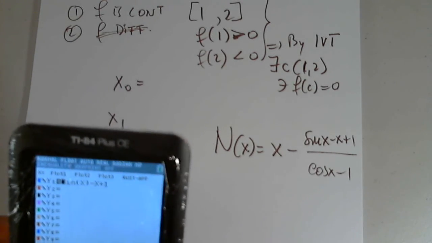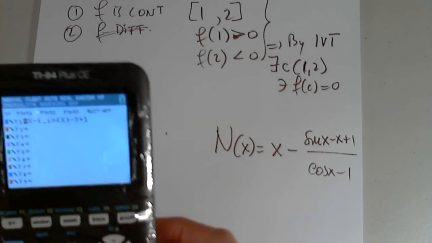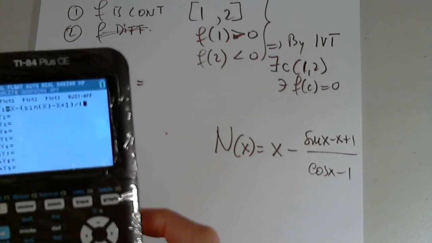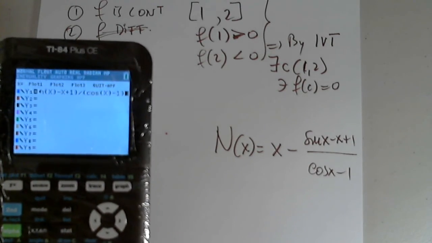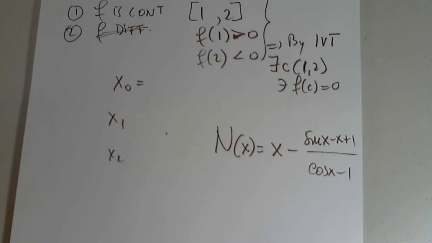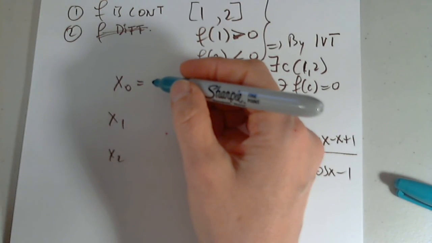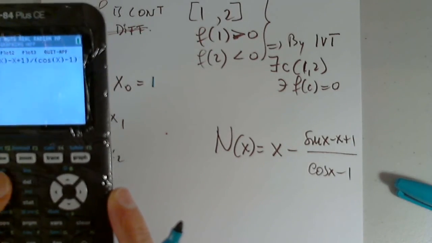Go to y equals, insert x minus, parentheses around everything you had before, and divide by cosine x minus 1 and close the parenthesis. Where would you like to start? It doesn't matter. One, that's fine. So get out of there with second and quit.